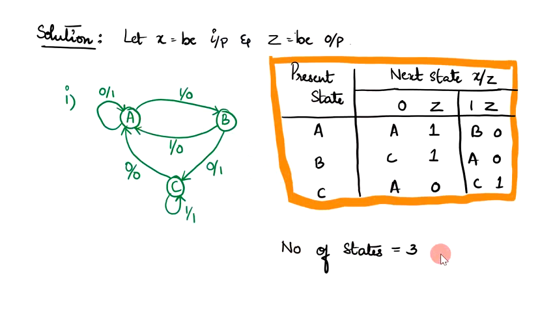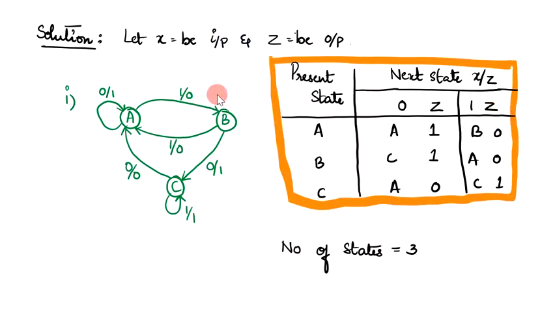So present state is A, B, C, and the next state for X will have the form 0 or 1 and output variable will be Z. Input is 1, output is 1. So A to A transition, input is 0, output is 1. A to B transition, input is 1, output is 0.